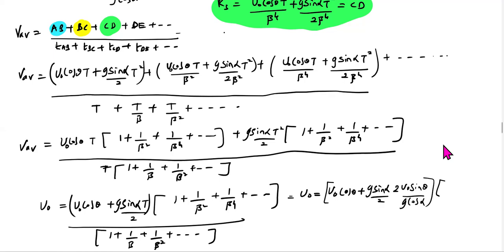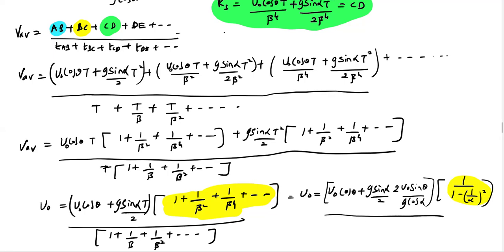This will be 1 by 1 minus 1 by alpha whole square. This whole upper square bracket, the simplification will be this much, divided by here t is there.